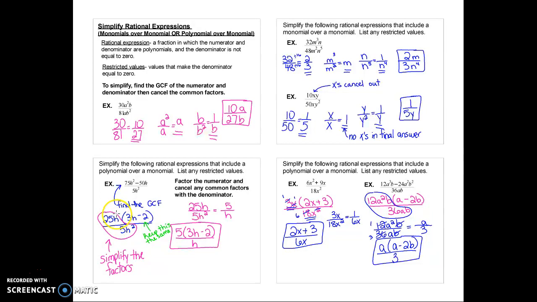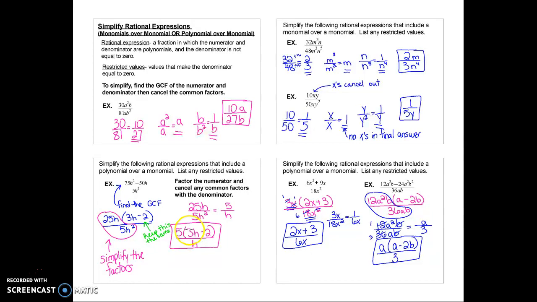When I cancel those out, this h in the numerator completely cancels with one of them in the denominator, so I still have one left over in the denominator. So this reduces to 5 over h. Now, when I reduce that, this 3h minus 2 stays the same. It just gets carried to your answer. All I did was reduce those monomials, but that binomial that was left over stays in your final answer.